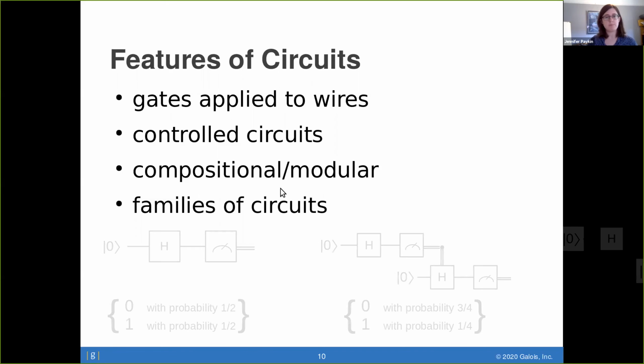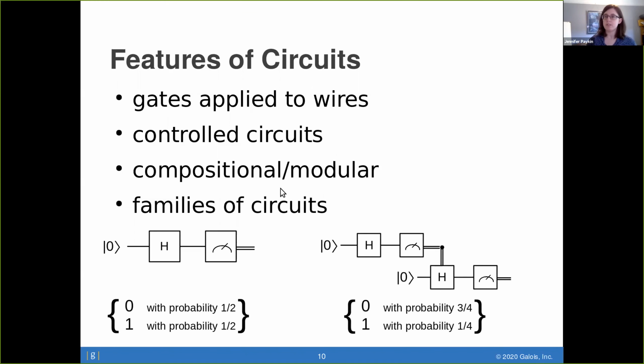As a concrete example, we can take our flip circuit from earlier and think of the plain flip as the 0th iteration, and then we can control that by iteratively controlling the next flip by the result of the previous one.